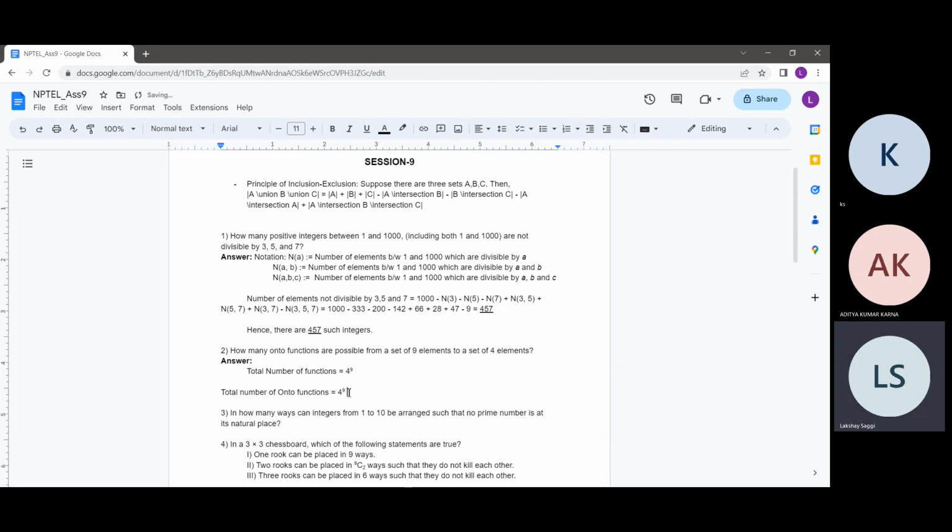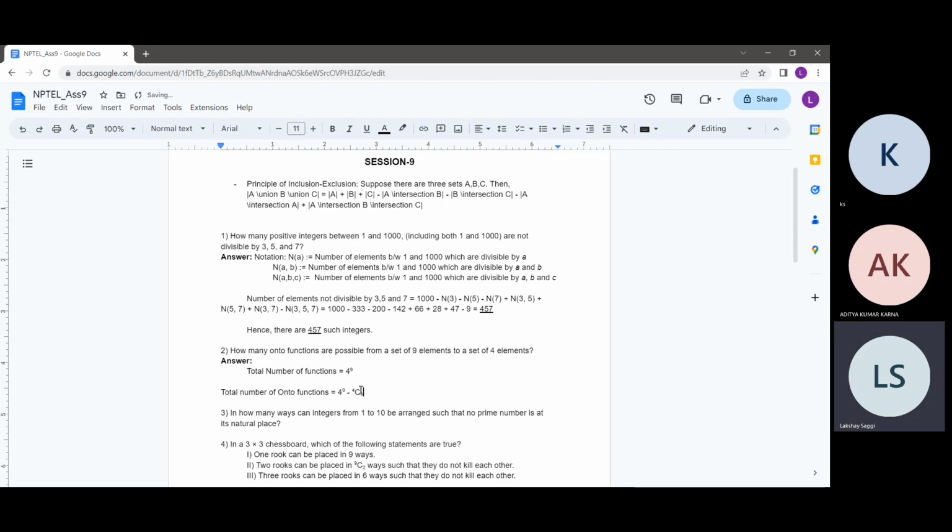So I have this total number of functions, 4 to the 9, but there will be some functions where one of these 4 elements will not be mapped, right? So we need to remove those cases. So these are 4 elements. Choosing one of the elements to not be mapped can be done in 4C1 ways.